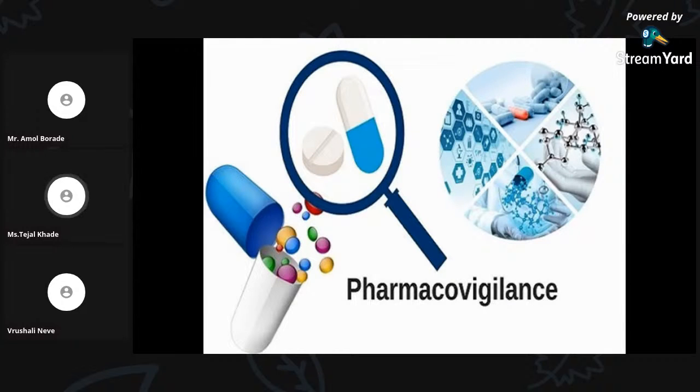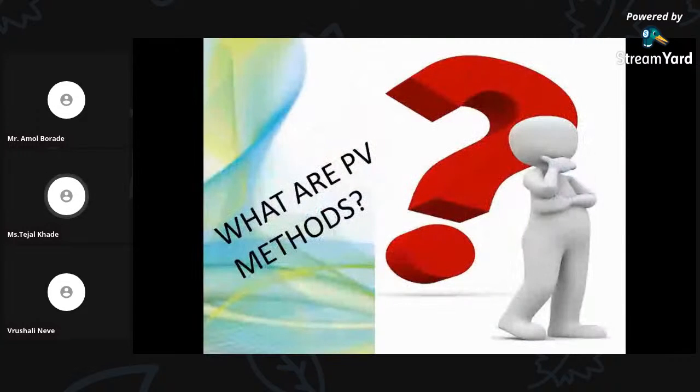Now, the next terminology is methodology. So what are pharmacovigilance methods? Before starting, what do you mean by methodology?